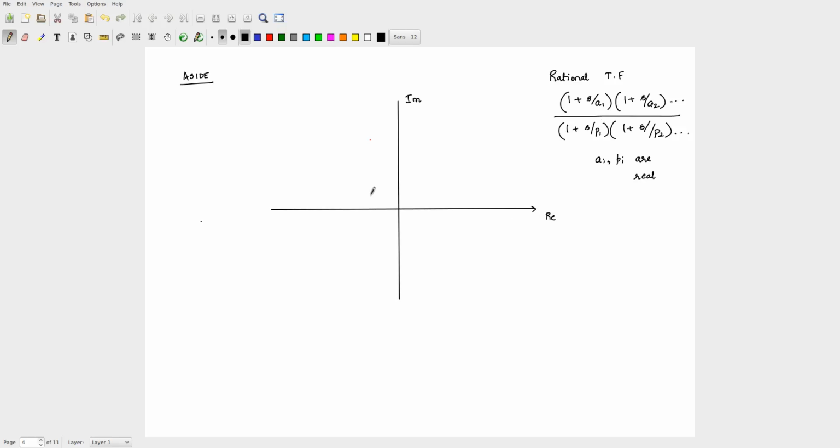Okay. Now let's further consider the situation where you have only poles. We'll worry about the situation with zeros later. So what can you say about the poles? Because these are all real coefficients, you have a polynomial which has all real coefficients.